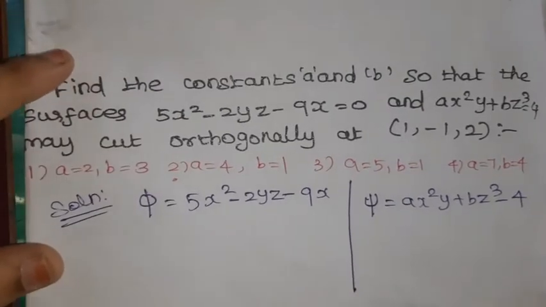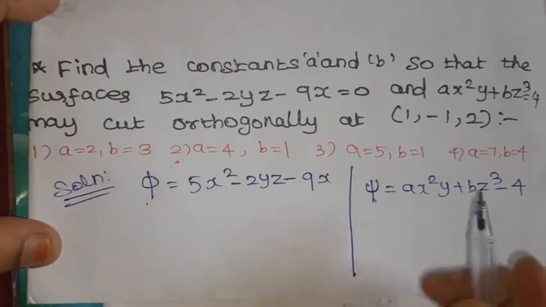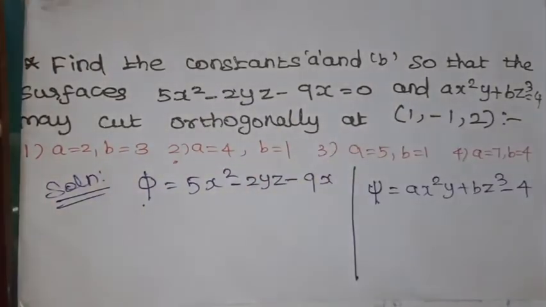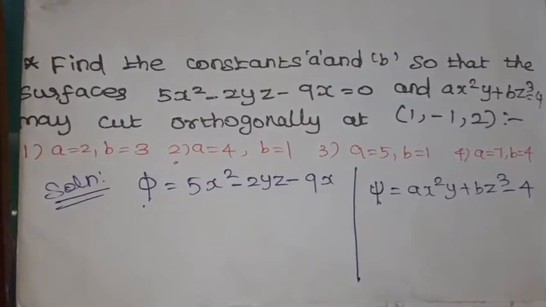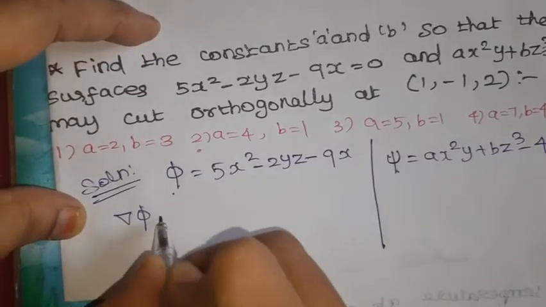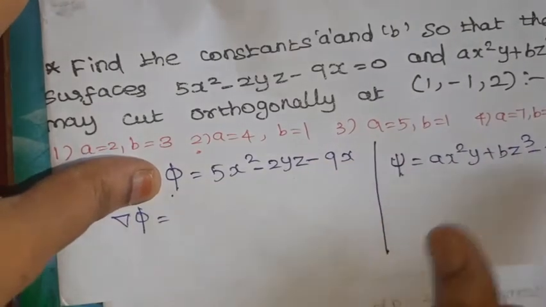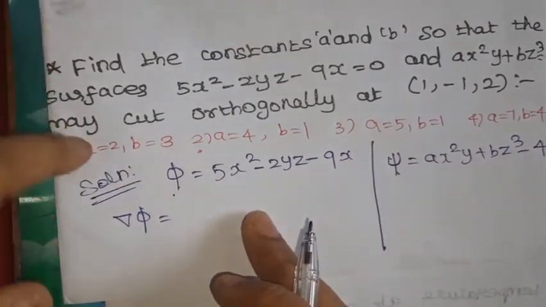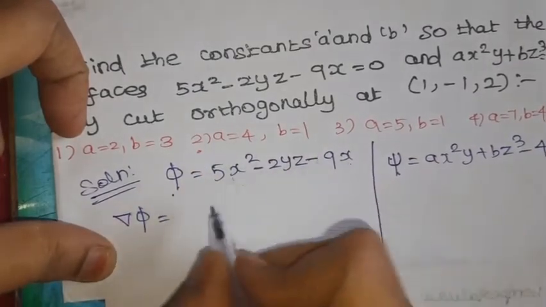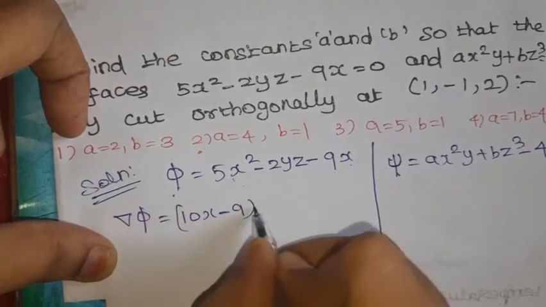So this is del phi and this is del psi. You can take phi 1 and phi 2 also, whatever we can take. Just find the del phi value, i into dou by dou x of this term. Dou by dou x means with respect to x we have two terms, so 10x minus 9 into i.